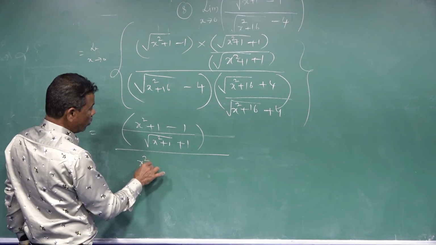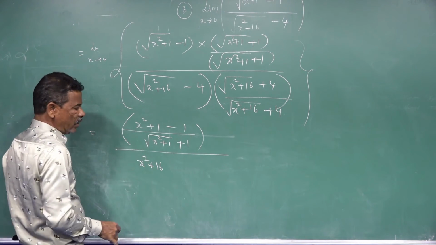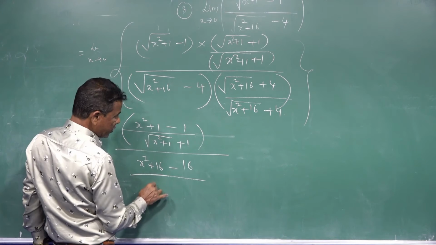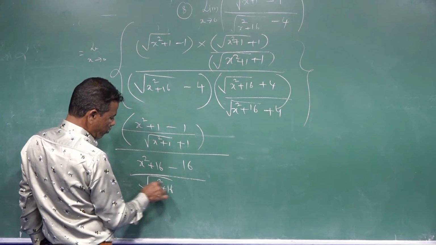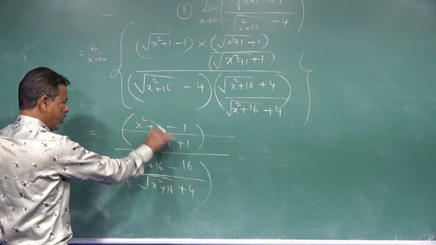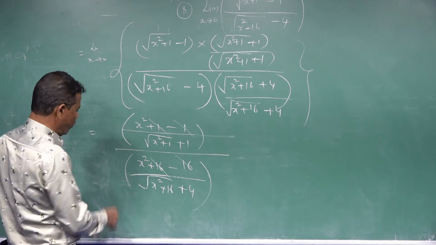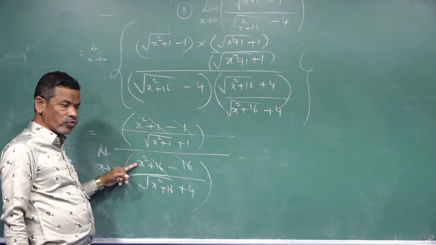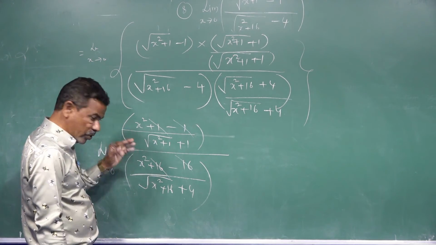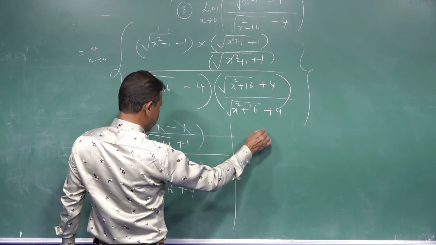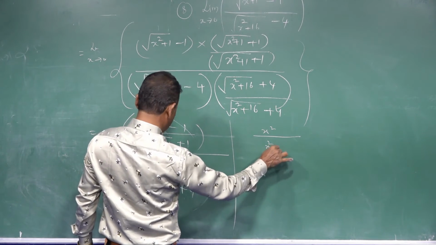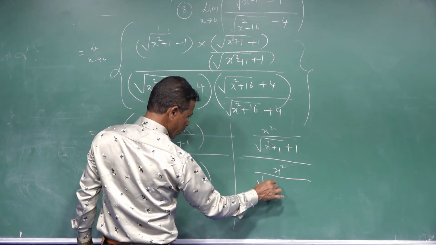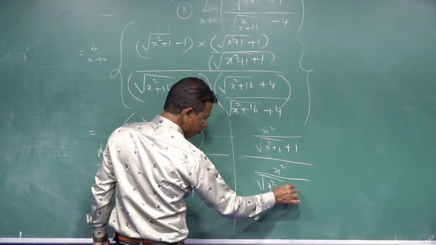So a square, root of x square plus 16, root cancelled, minus b square means 4 square is 16, by this as it is, root of x square plus 16 plus 4. So here 1 cancelled, here 16 cancelled, limit x tends to 0 as it is. After that, here x square only remaining, so x square cancelled in the next step. Here x square by root of x square plus 1 plus 1, division x square by root of x square plus 16 plus 4.